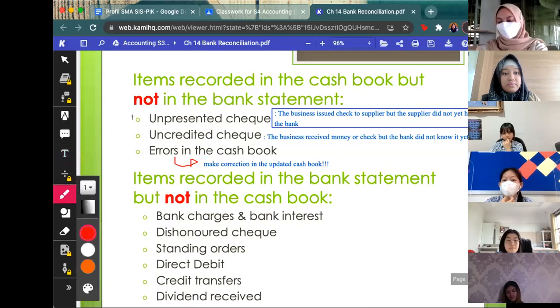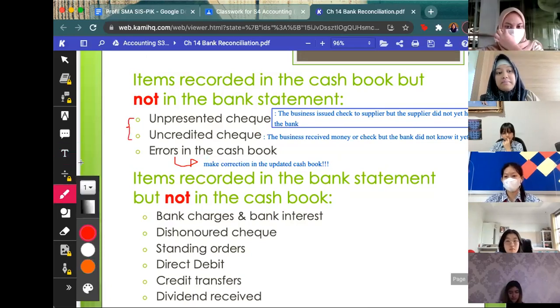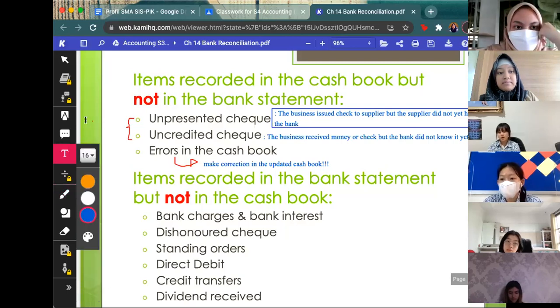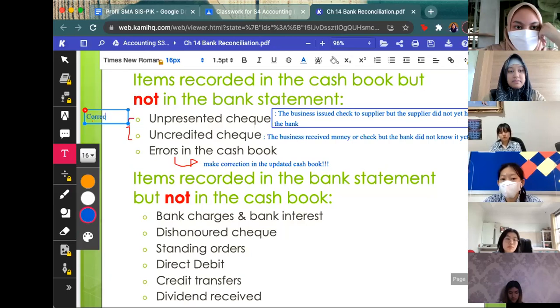Meanwhile, for these two, unpresented check and uncredited check, the correction is made in the bank reconciliation statement.